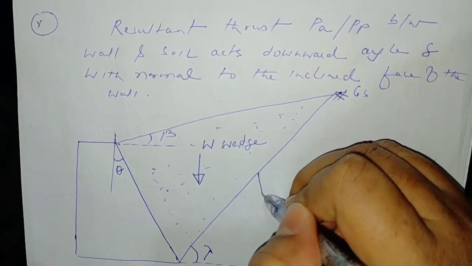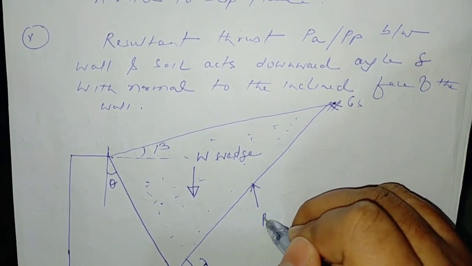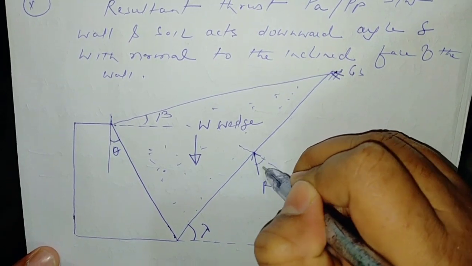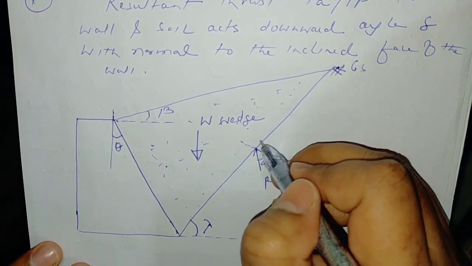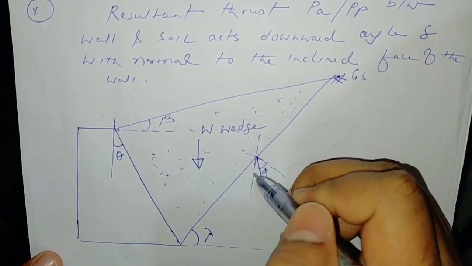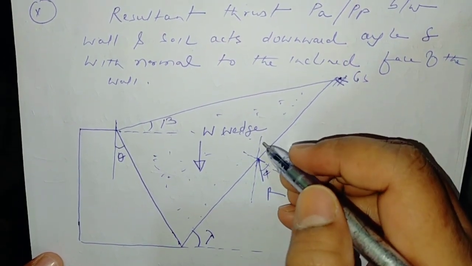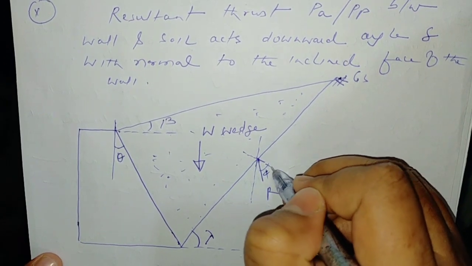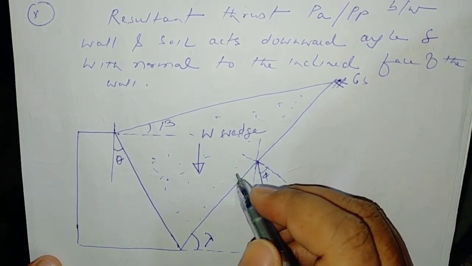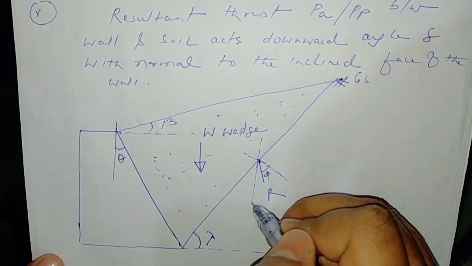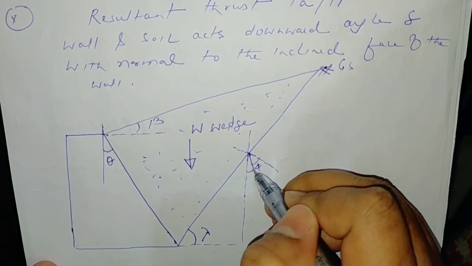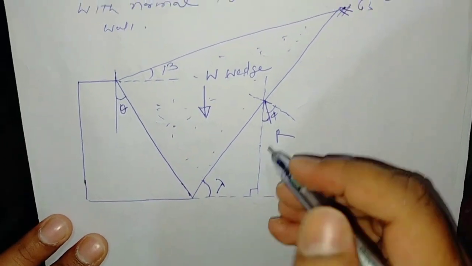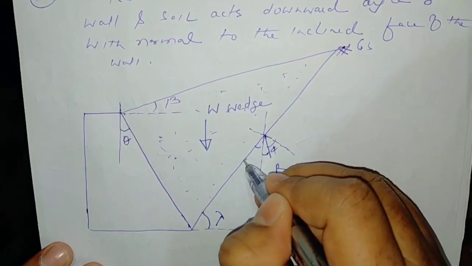If this is the reaction, R makes an angle of phi, this is phi. So what is this angle? If this is lambda, this is 90 degrees, so this one is 90 minus lambda.